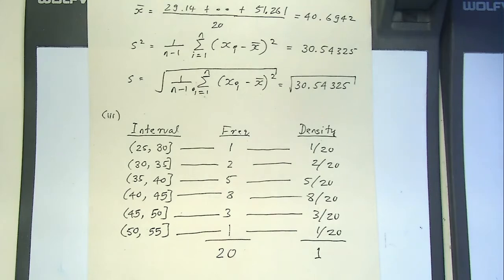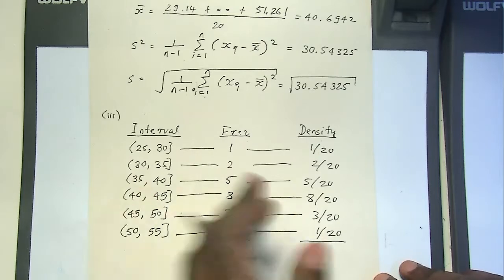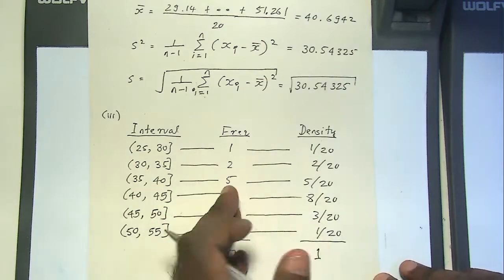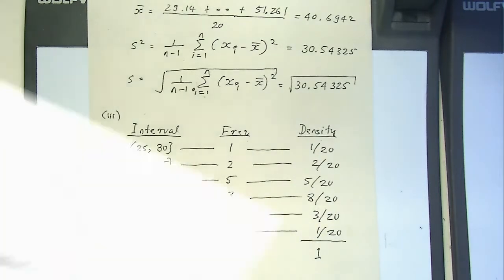Are you guys okay? So that's part 3. A frequency table should look like this: 3 columns, intervals, frequency, and the density. Easy.